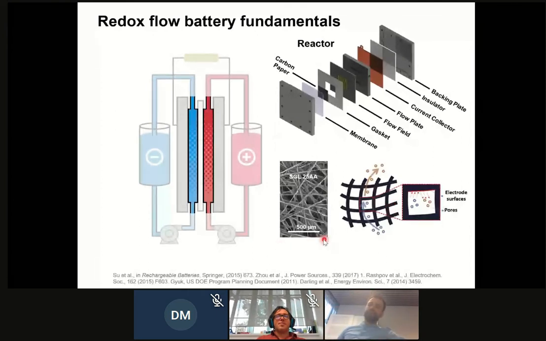It's a carbon fiber type of material through which the liquid electrolytes have to flow. And it plays many important roles. It provides surfaces for electrochemical reactions. It conducts electrons and heat. And it also needs to distribute the liquids. So it's a pretty interesting, fundamental problem from the transport standpoint. And I'll talk more about electrodes today.